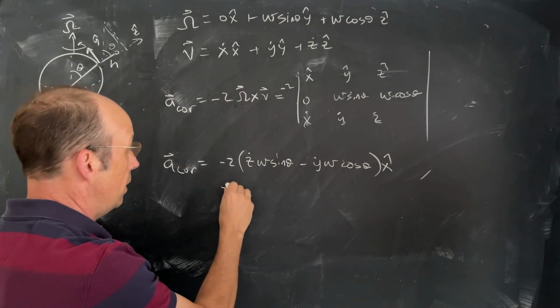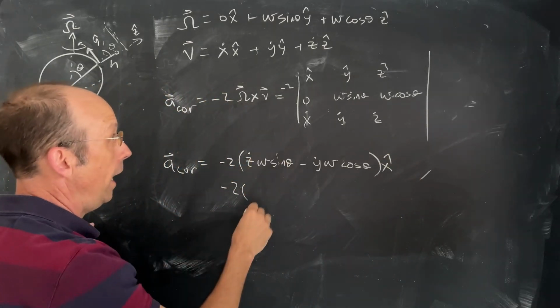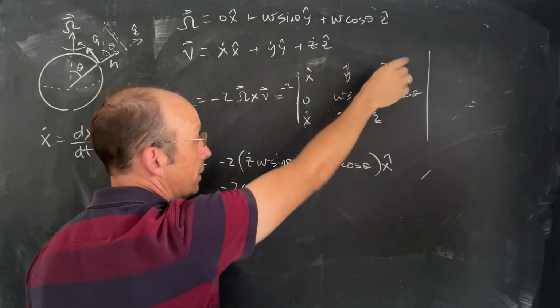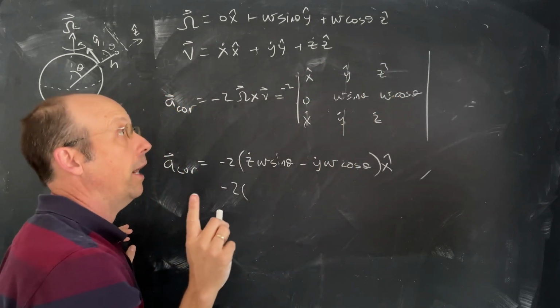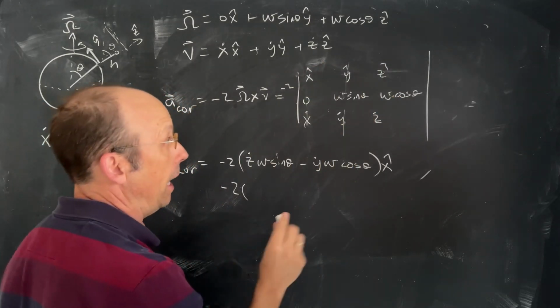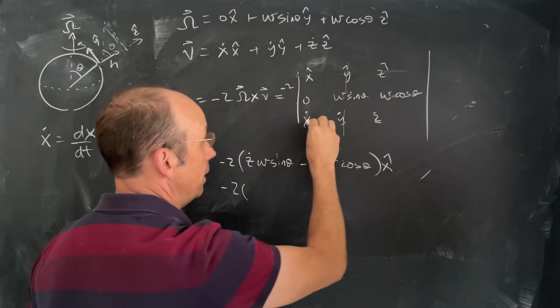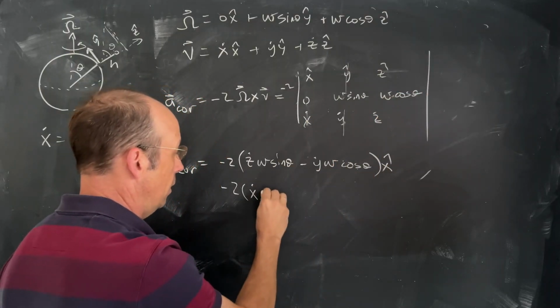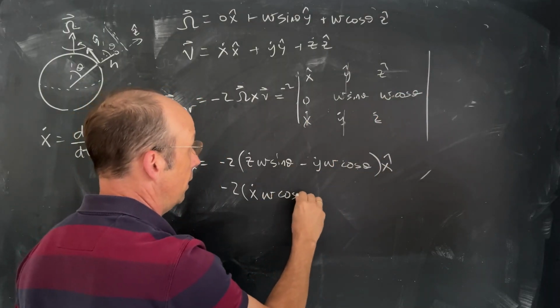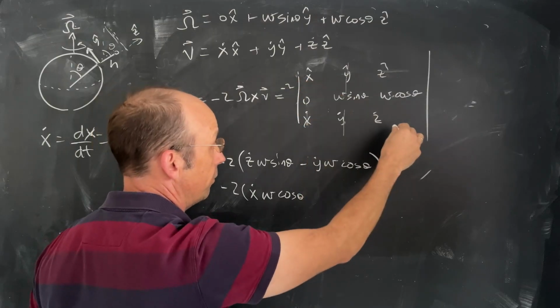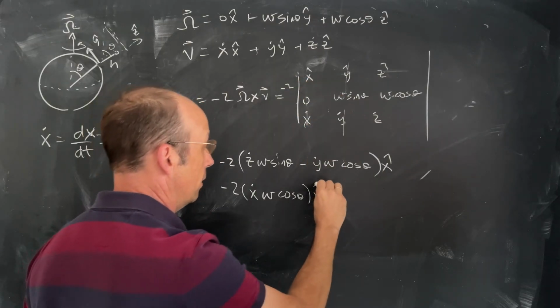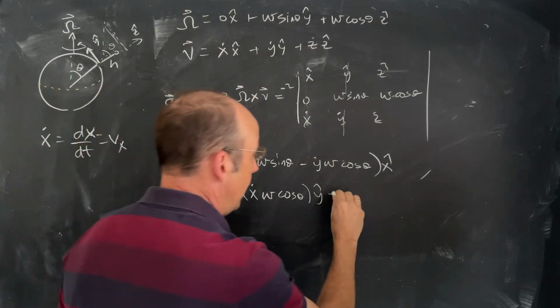Now the y hat component. When you expand about the y component, you have a negative there too, so you go backwards. It's omega cosine theta times x dot minus 0, and that's y hat.